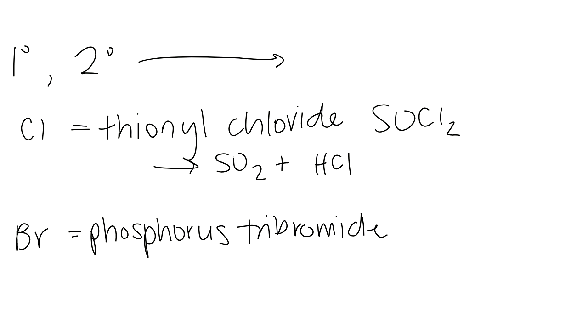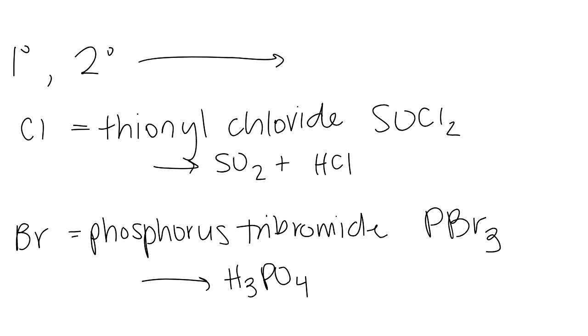So that is PBr3. And in this case, besides making our alkyl halide, we're also going to make some phosphoric acid. Oops, I'm sorry, that's not correct. It should be phosphorus acid, PO3. There we go. All right, so those are the options if we want to add a chlorine or a bromine if we're looking at different types of alcohols.